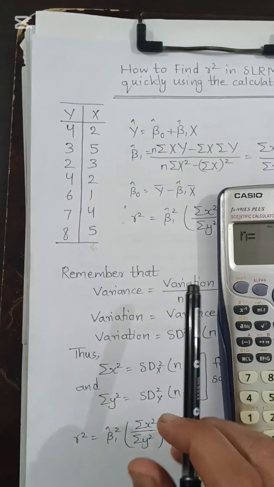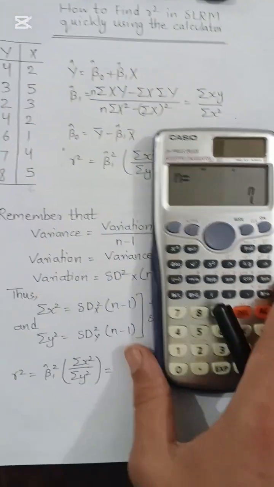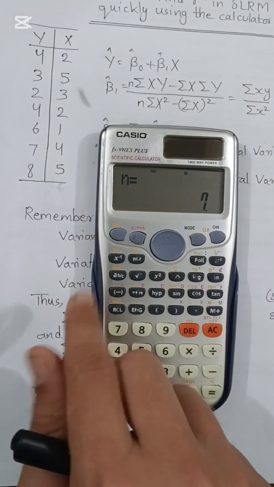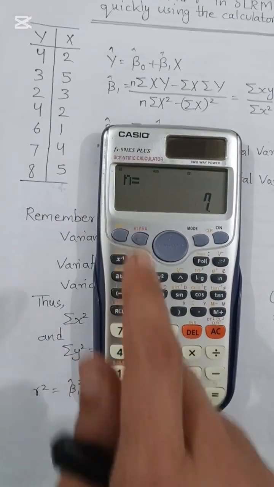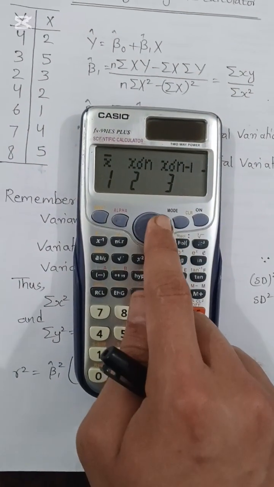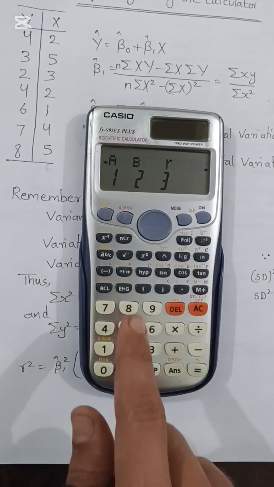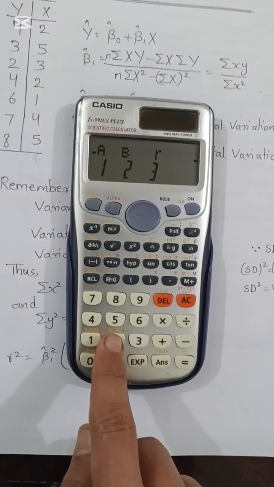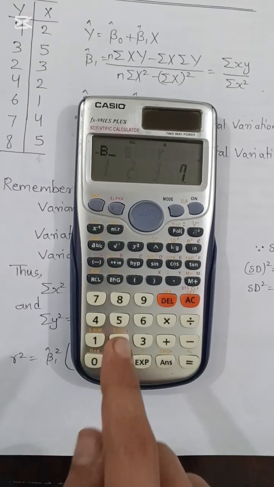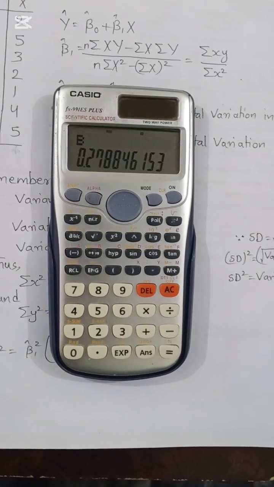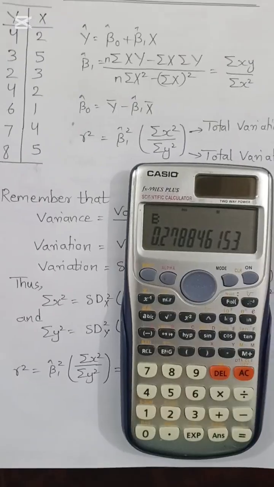First we need to find the slope coefficient. Using the calculator we can find the slope coefficient easily by pressing shift and then pressing 2, then go to next, and here you can see that B shows us the slope coefficient. Press 2 and then equal, we get the slope coefficient, which is 0.2788.